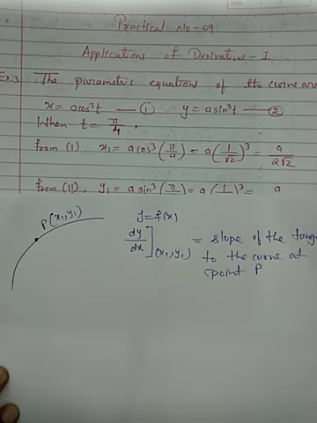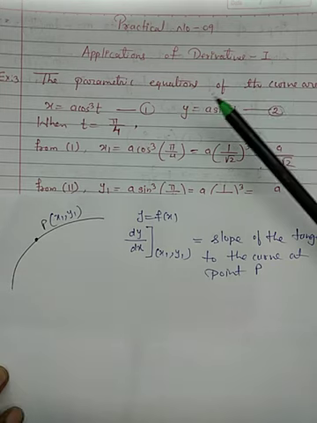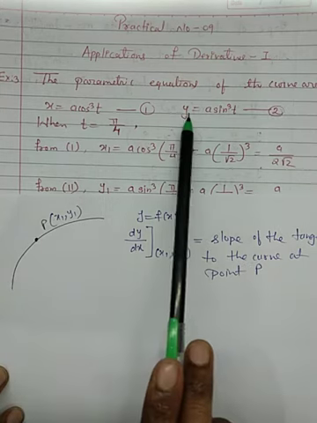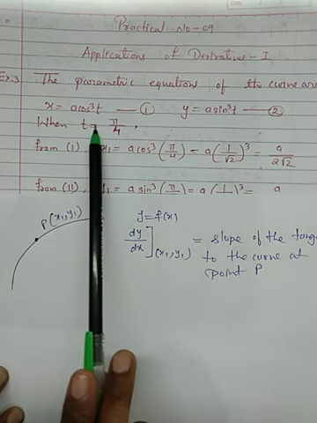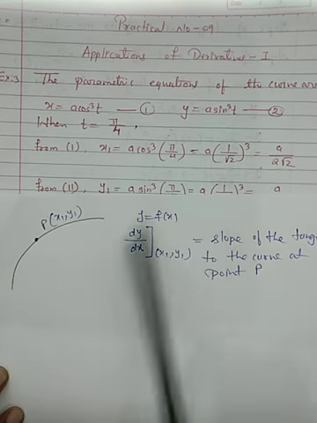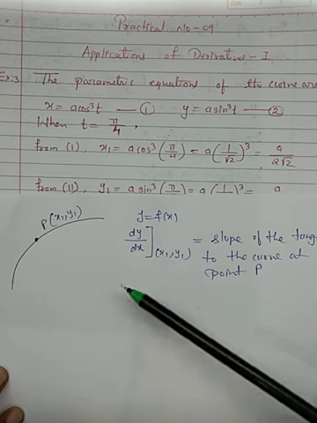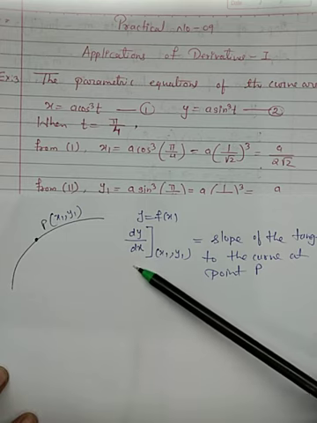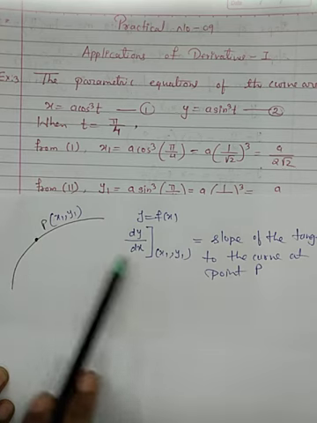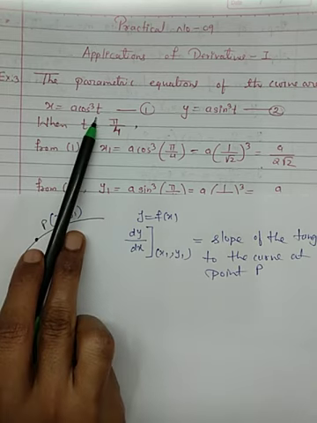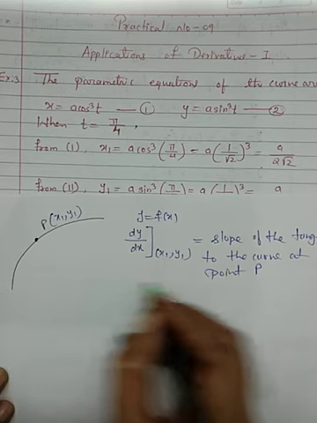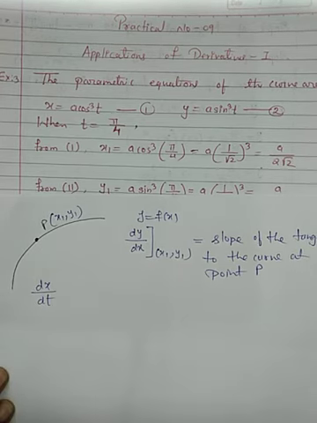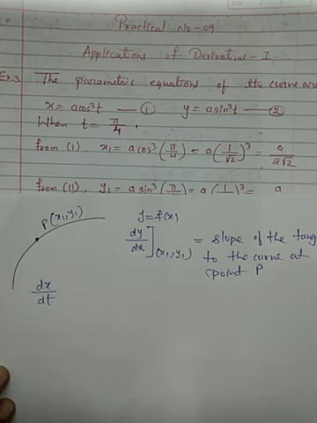Now think, here you are not given the equation y in terms of x. You are given x in terms of t as well as y in terms of t. This we call a parametric equation. But we are interested to find dy by dx, to find the slope. How to find dy by dx here? First we will find dx by dt, the derivative of x with respect to t.